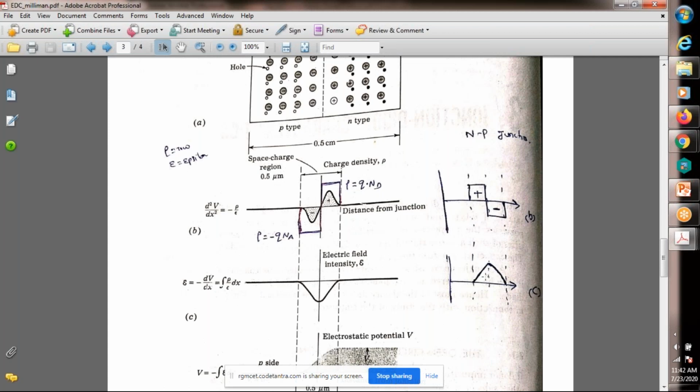Different graphs are given, like positive rectangular, negative rectangular, some different shapes, and the charge density is given as plus and minus. If the charge is plus then minus like this, the field intensity is above the zero axis, positive triangular. If it starts from minus and plus, then it is a negative triangular electric field intensity.